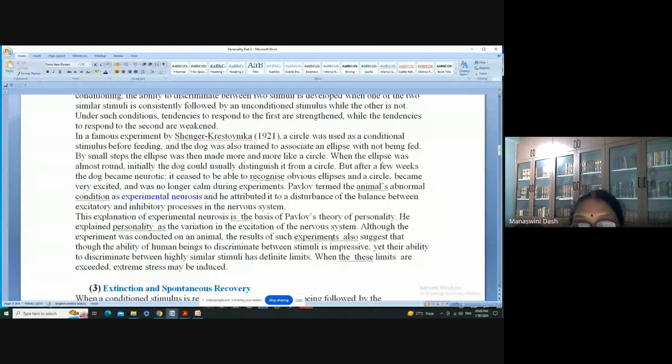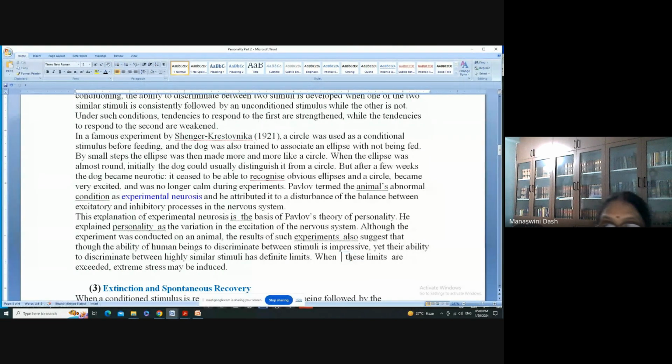When these limits are exceeded, extreme stress may be induced. When the similarity between these two stimuli is very close, the organism may experience stress.